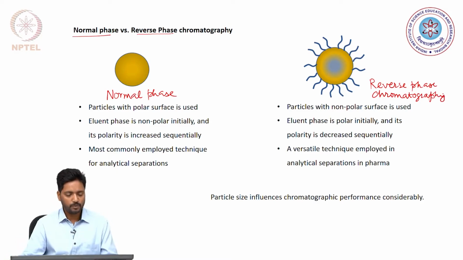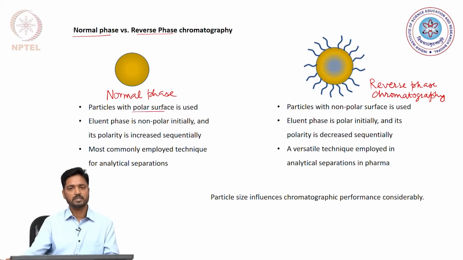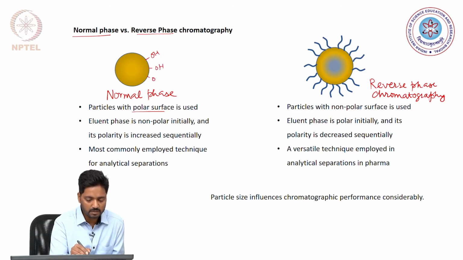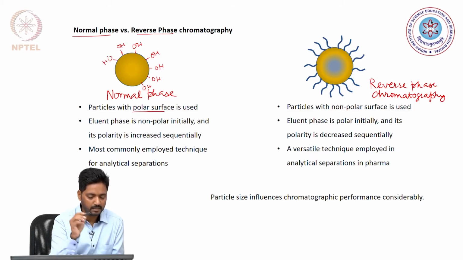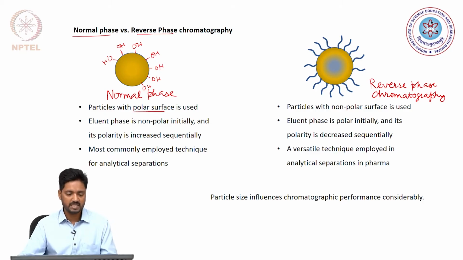In normal phase chromatography, we take particles which have a polar surface, for example, silica or alumina, because these particles have hydroxyl groups on their surfaces, and these hydroxyl groups are what give these particles the hydrophilic property. And the analyte or the solute in this case is simply adsorbed on the particle surface as it moves through the column.